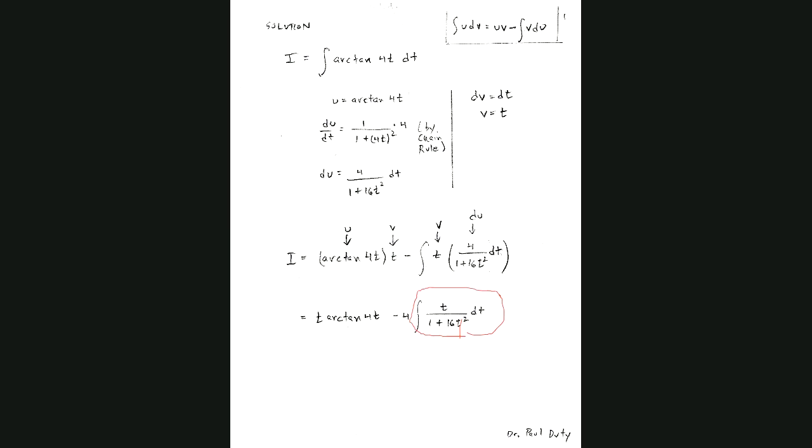And you notice I'm using a different variable for my substitution. I'm not using U because I already used my U and V variables in the integration by parts. So let's go to the next page.